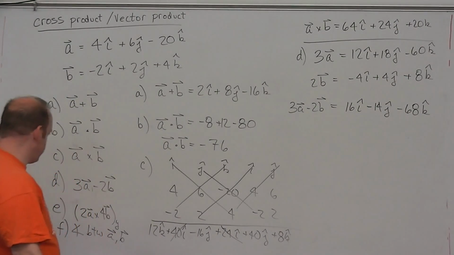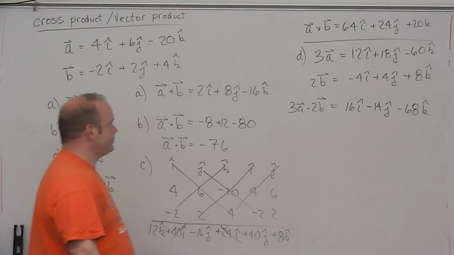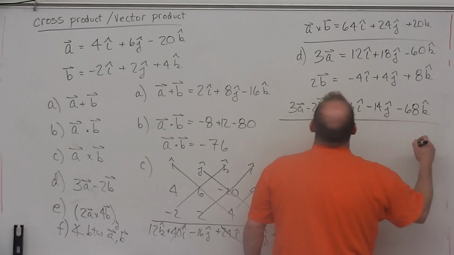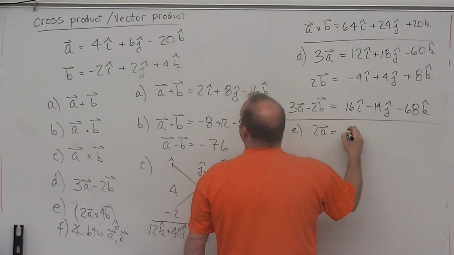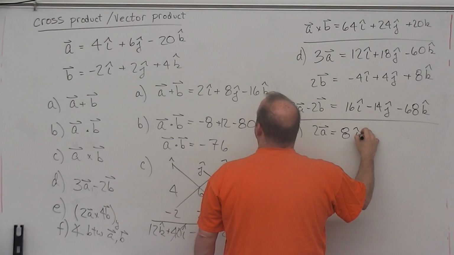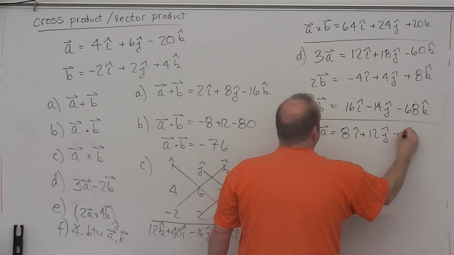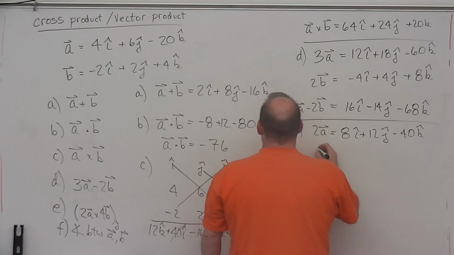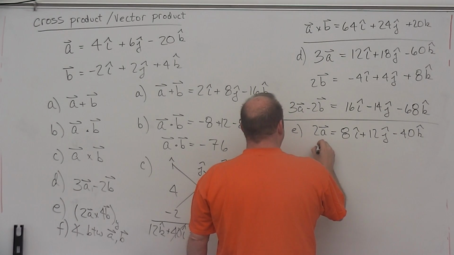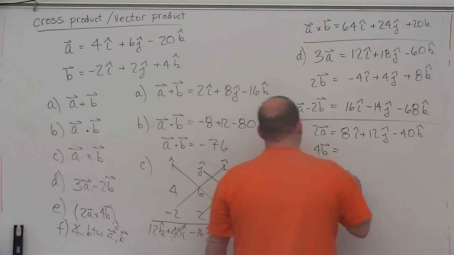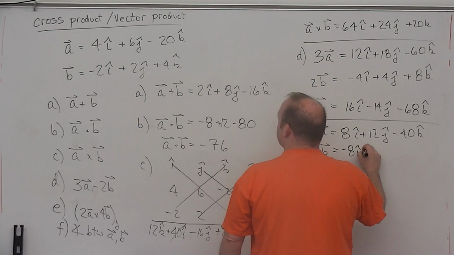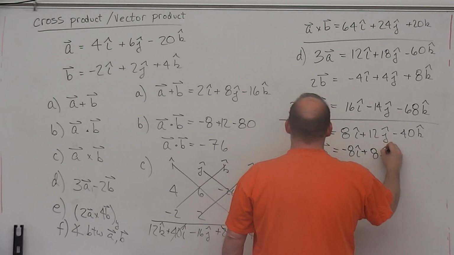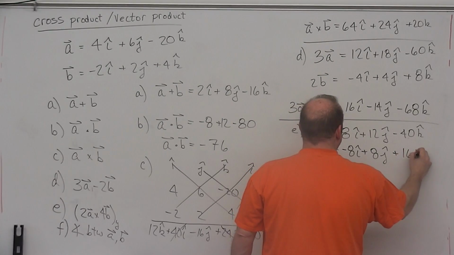E, 2A cross 4B. Okay, so now 2A is equal to 8i hat plus 12j hat minus 40k. 4B is equal to negative 8i hat plus 8j hat plus 16k hat.